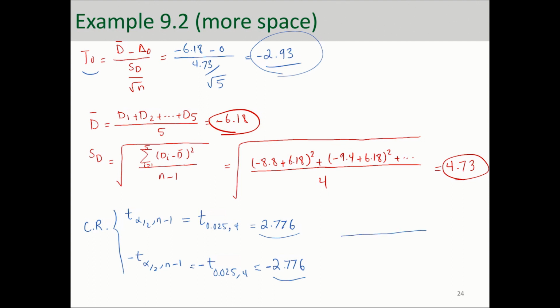If I want to graph this out for you, this is the t distribution that we have. 0 looks like our critical region starts at 2.776, negative 2.776, and the test stat is right here.